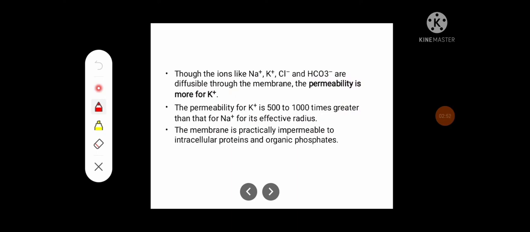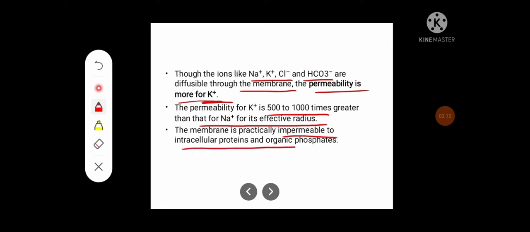Though ions like sodium, potassium, chloride, and bicarbonate are diffusible through the membrane, permeability is greater for potassium. The permeability of potassium is 500 to 1000 times greater than that of sodium, owing to its effective radius. The membrane is practically impermeable to intracellular proteins and organic phosphates.